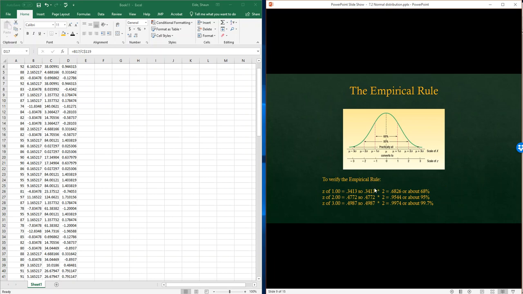So we've got the empirical rule, which we've talked about earlier. With the z-scores, remember what I said about individuals falling within one standard deviation.